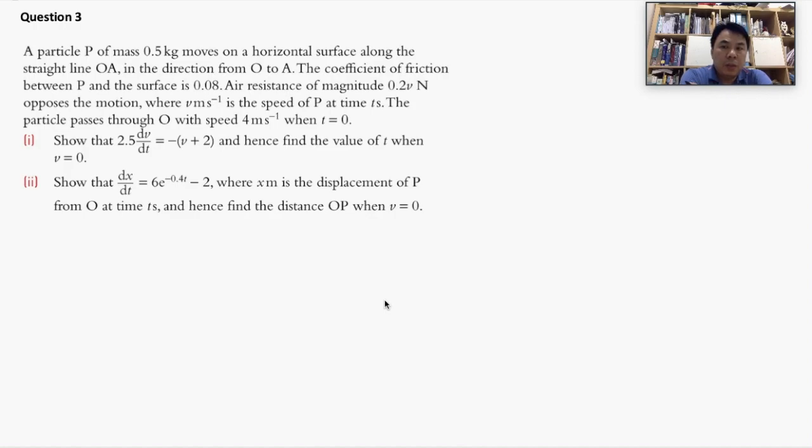The particle passes through O with a speed of 4 meters per second when t is equal to 0. Okay, as usual, make it a habit to illustrate the mechanics. Just let me draw that. Particle P with a mass of 0.5 moves on a horizontal surface along OA.